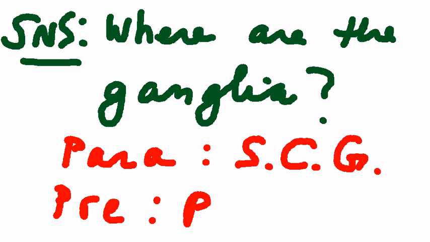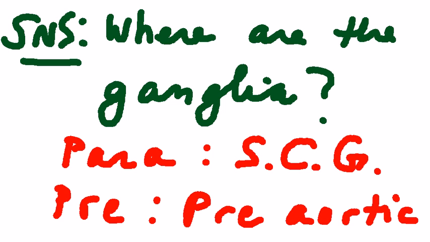Let's now walk our way along a two-neuron path in the parasympathetic nervous system. We'll start with the cell body, shown here, of the preganglionic parasympathetic neuron, which is of course located within the central nervous system. So this green circle here represents the brain and the spinal cord.